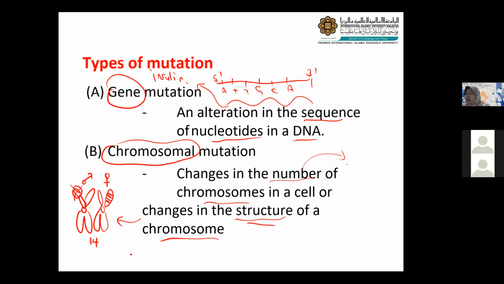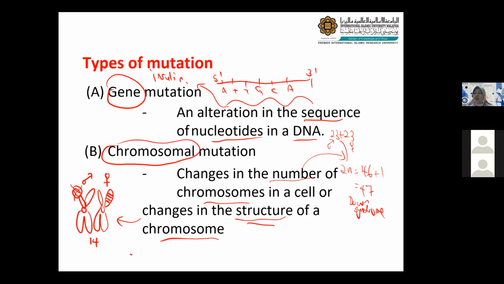Let's say for human, biasa ni our diploid number 2n equals 46, because kita datang 23 plus 23 kan. 23 from the father, 23 from the mother. So total 46. So there is a condition where chromosome mutated in terms of chromosome number. Daripada 46 tiba-tiba jadi tambah 1, jadi 47. So jadilah dia Down syndrome. So that is one example.